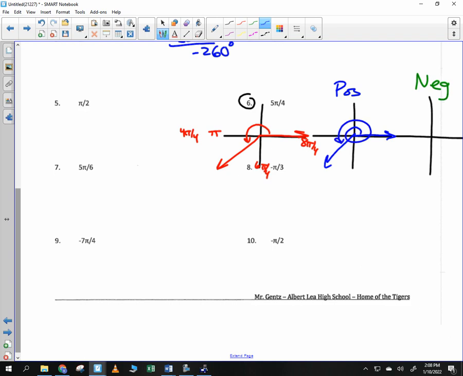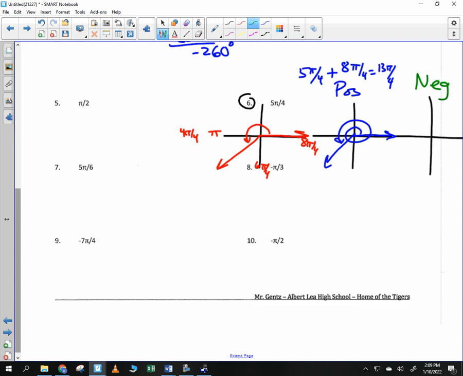But we're working in radians, so I'm not going to add 360. What are you going to add? In radians, what's 360? 2 pi? Almost done, folks. So if we're going to add 360, we add 8 pi over 4 to get 13 pi over 4.